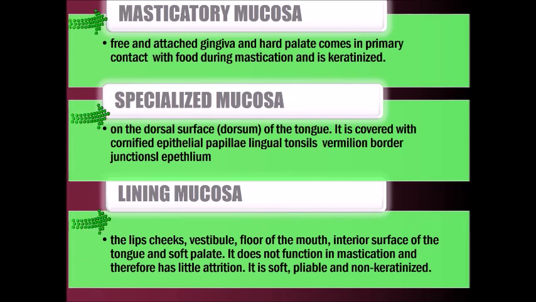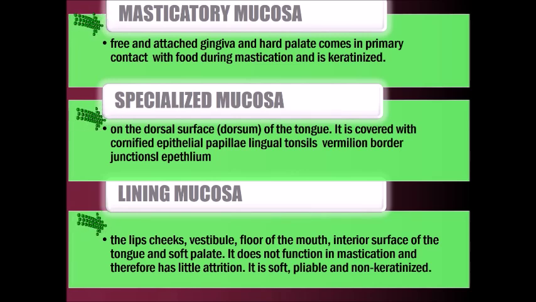The specialized mucosa we can see in four places. Number 1, the lingual tonsils. Number 2, the junctional epithelium. Number 3, the anterior two-thirds of the tongue. And number 4, the vermilion border. Two of these are keratinized and the other two are non-keratinized.